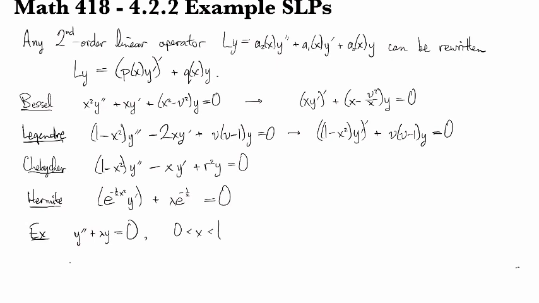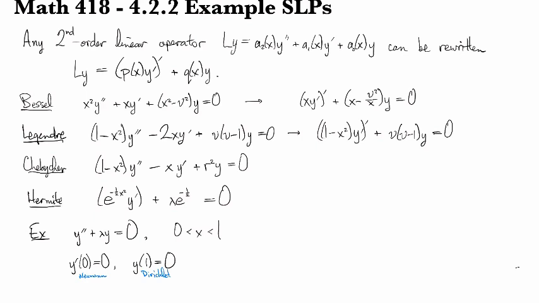And we'll take y prime of 0 to be equal to 0 and y of 1 to be equal to 0. So we have conditions which are Neumann at one end and Dirichlet at the other end. Okay. So let's see.